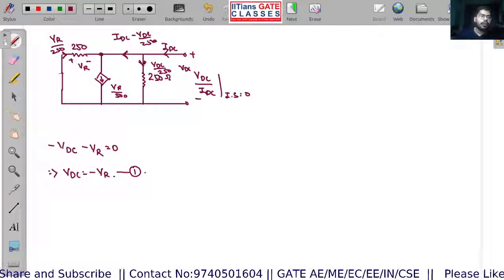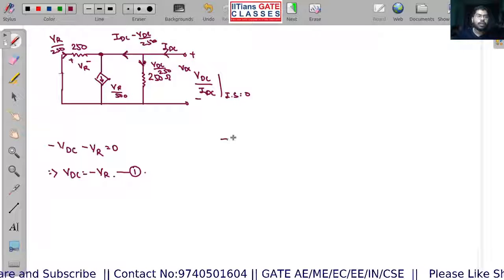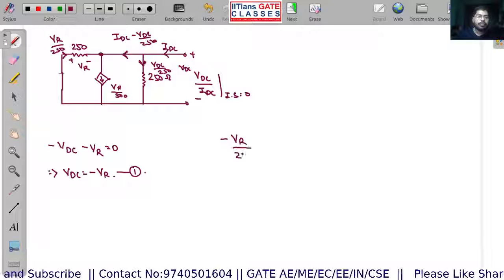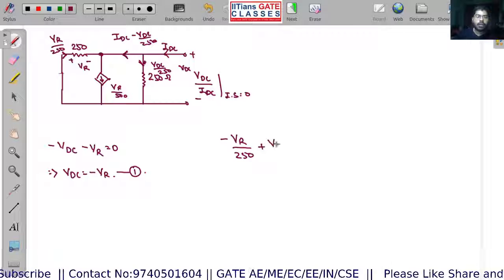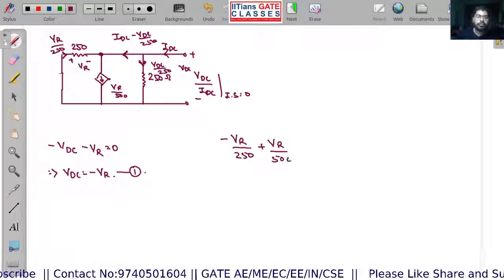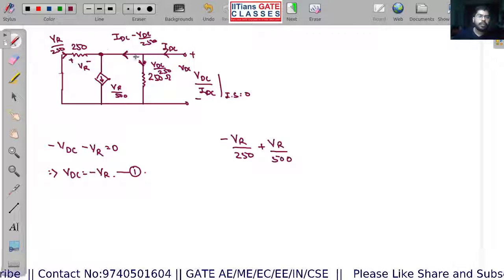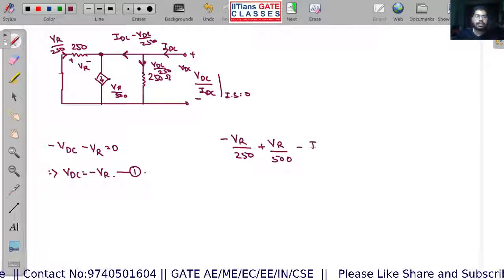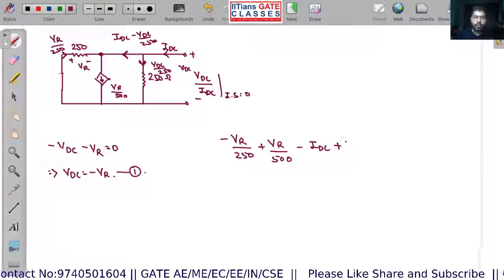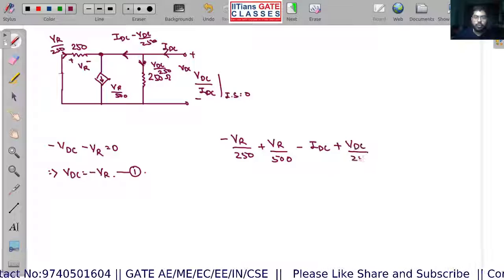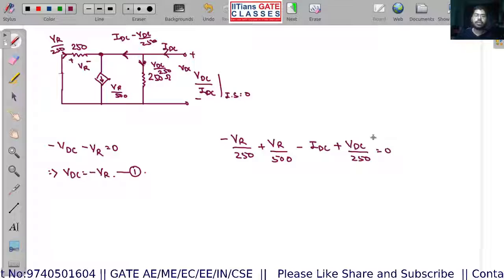So I am going to apply KCL at this point. This will be minus VR by 250, as this is incoming current. VR by 500 is outgoing current. And what is the current going from here? It is minus IDC plus VDC by 250 equal to 0. Okay.